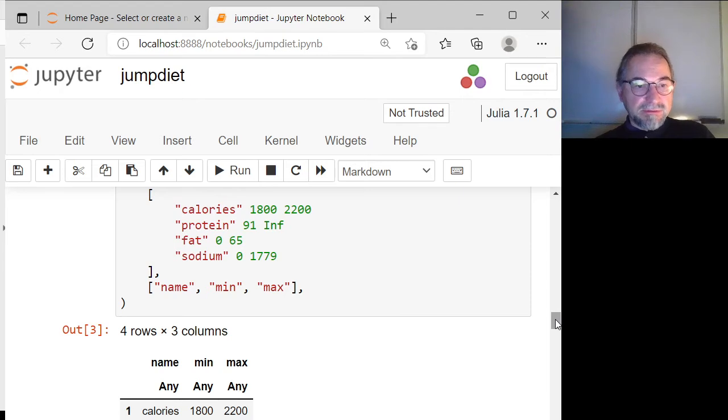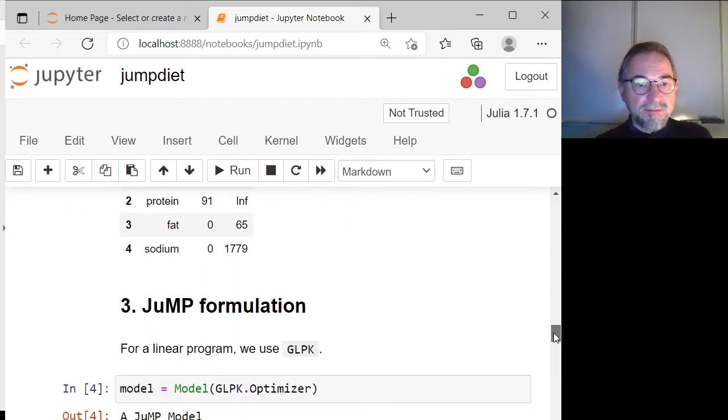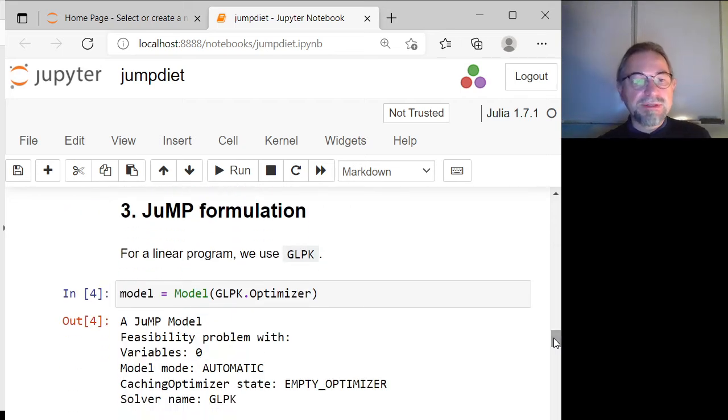So for every nutrient, we see the requirements. Okay, so we always start by defining a model. So we have to tell that we are solving a linear programming problem for which we use the GLPK, the GNU Linear Programming Kit.